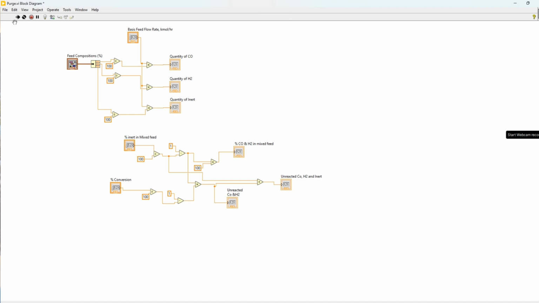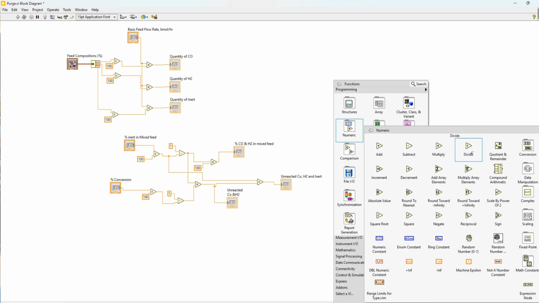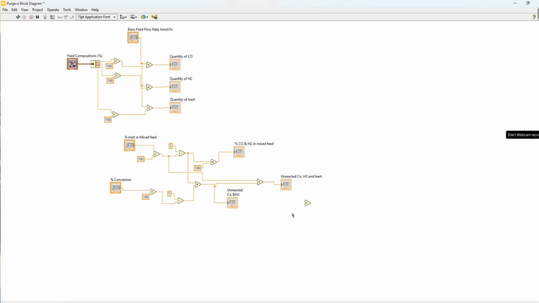Okay, so for that we have to do the calculation, and this is coming out, nothing but this is your mole percentage of inert gas leaving the condenser.